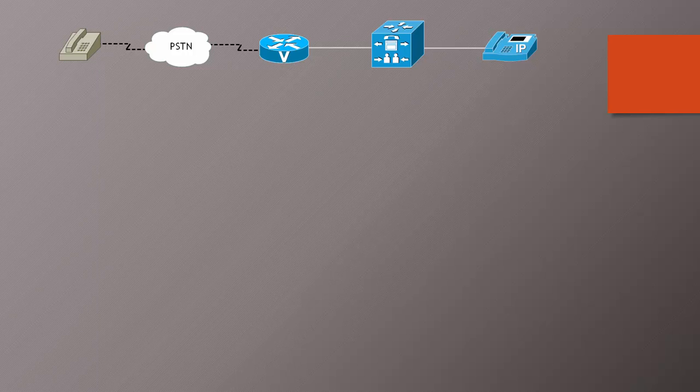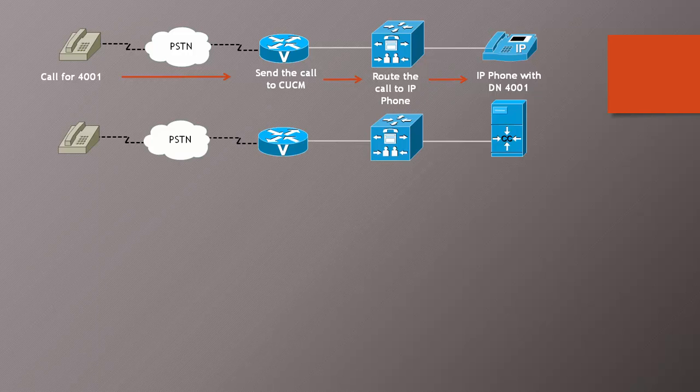Let's take a small scenario here. When a caller dials the number of an extension that is configured on an IP phone, in this case Unified CM is capable of setting up that call without the help of Unified CCX, right? However, let's take another scenario where the calls are coming for a generic number that is not associated to any phones.